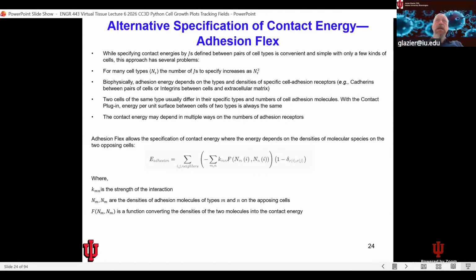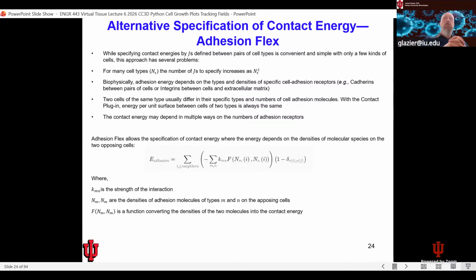We've used the contact energy. This is something that's just a mention. I think it's being added to the wizard. At the moment, we define the contact energy between cells by a big matrix, where we say that the contact energy between cell type A and cell type B is something. In reality, the contact energy is determined by things like how many cadherins are in either cell, how many integrins are in either cell.